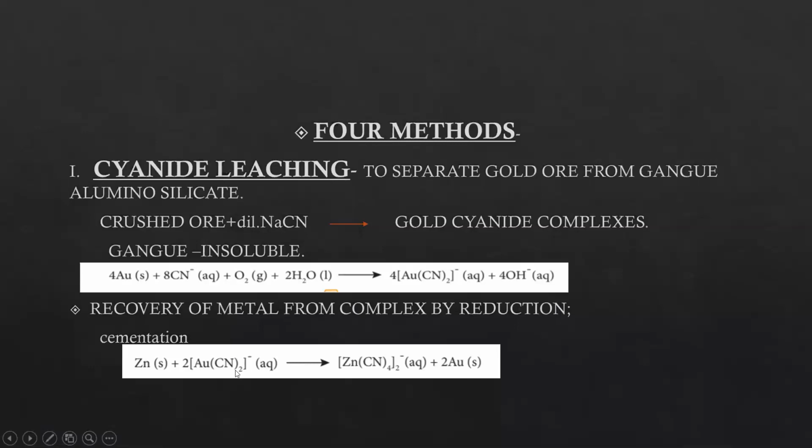Here cyanide gains the electron from the zinc. The cyanide takes the electrons from the zinc. So it leaves that gold. So the zinc and the cyanide forms the zinc cyanide complex. We are getting the gold in the zero oxidation state.